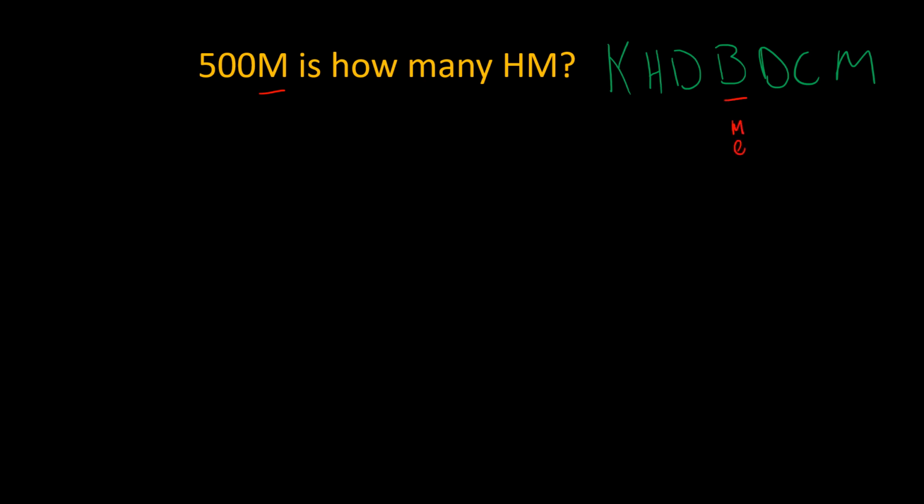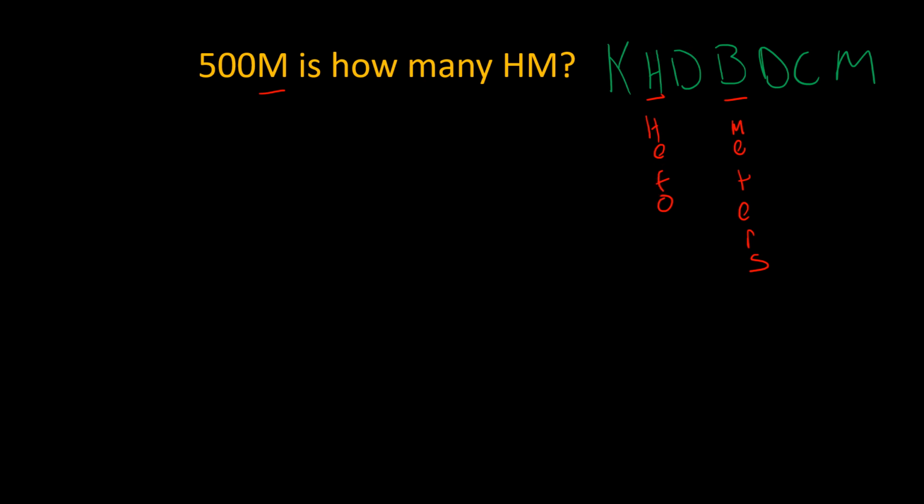We write it here, and we want to go to hectometers, so that's over here. I'm just going to say hecto. And if you notice, we have to go over to the left 2 spaces to end up at hecto.